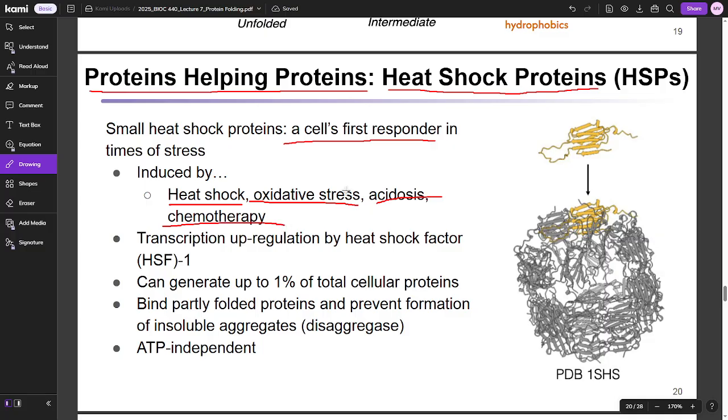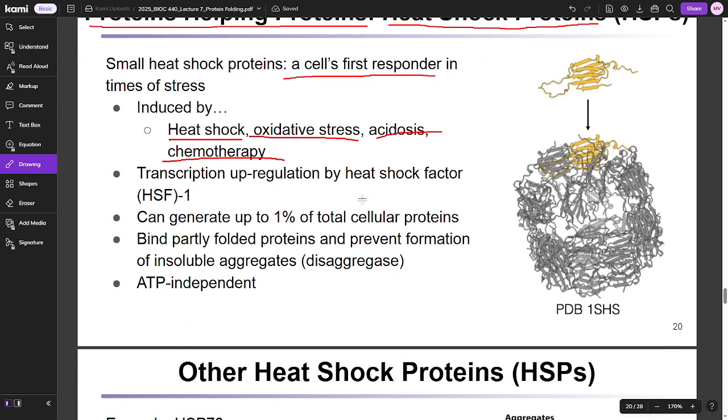These are things that cause mutations in maybe DNA or mutations in proteins, and or they just denature the protein itself and cause it to be inactive or non-functional or maybe even toxic to the body. So transcription is basically upregulated by these heat shock factors.